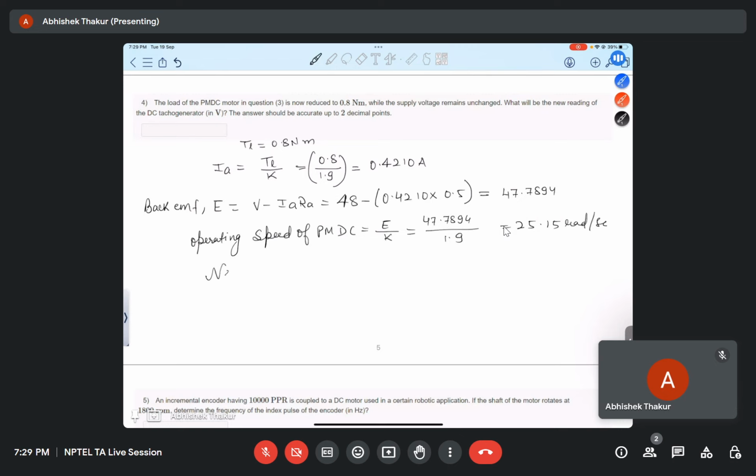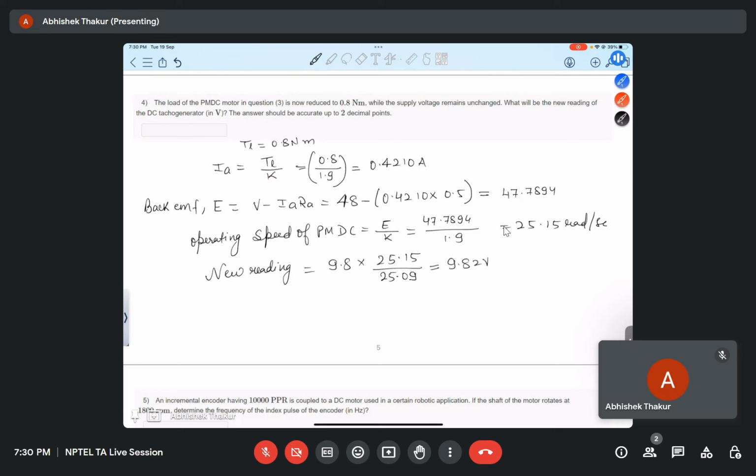So the new reading of the DC tacho generator will be 9.8 into 25.15 divided by the last time we got, 25.09. So this will be equal to 9.82 volt.